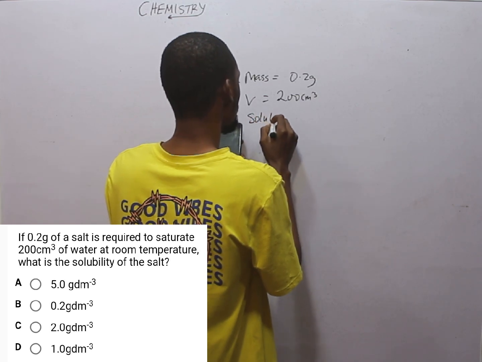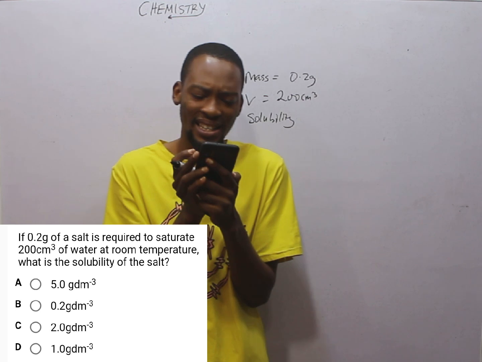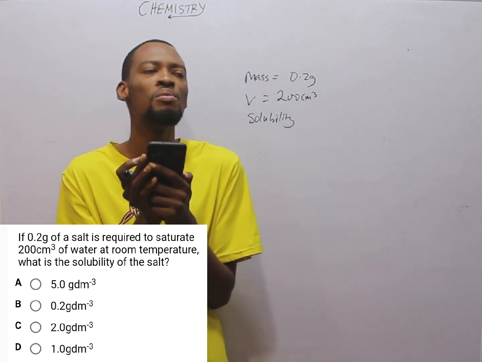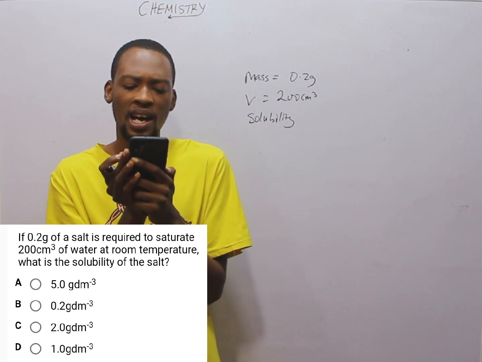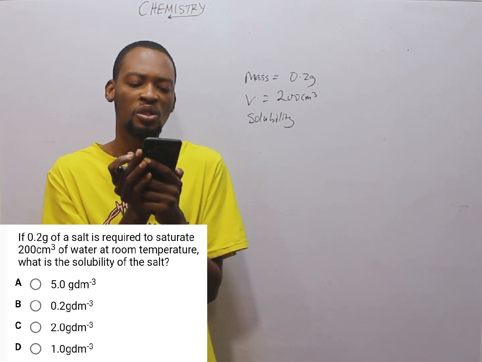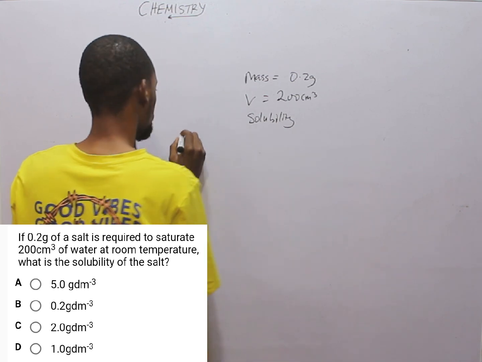Solubility. Now looking at this question carefully, all the answers are in gram per dm³. Normally, solubility is in moles per dm³. And what is solubility? Solubility is equal to number of moles times 1000 over volume.